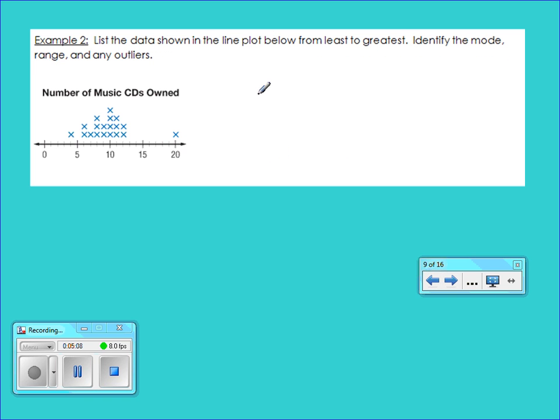Okay? So, we have data here. This is the data on the number of music CDs owned. So let's identify the mode, the range, and outliers based on this data. So what is our mode here? 10. What's the range? 16.